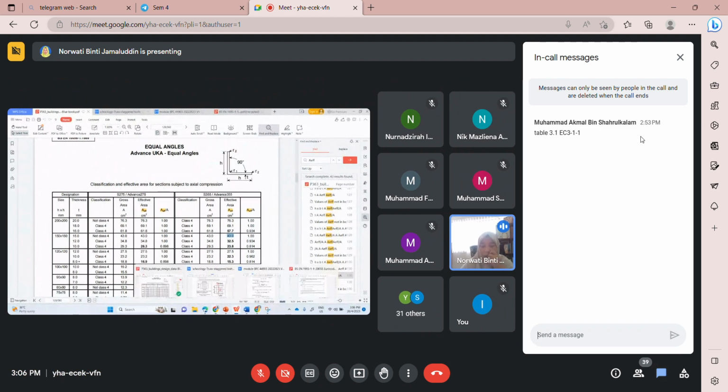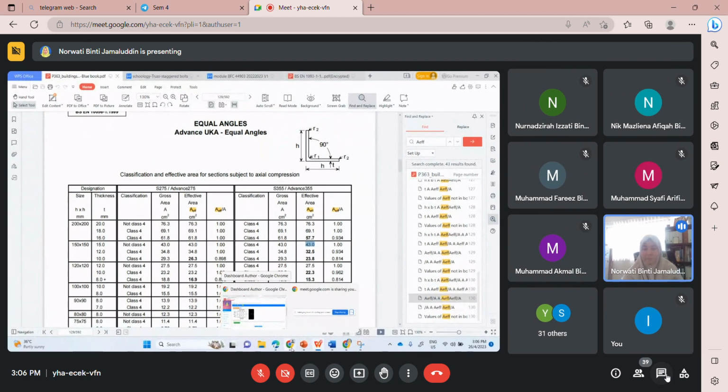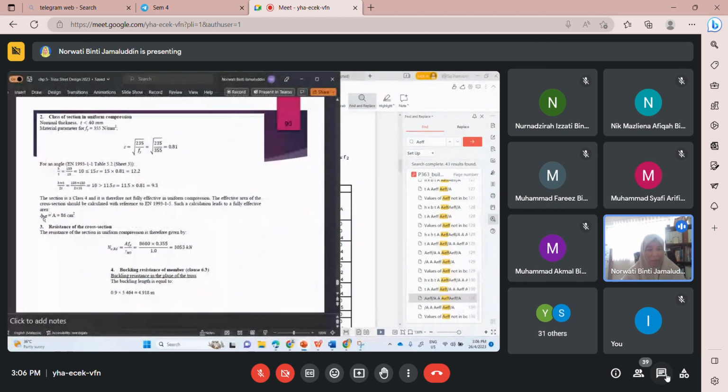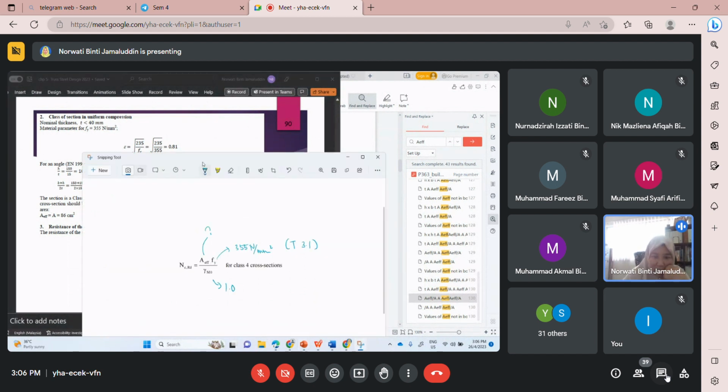It leads to the value of the gross area. So that's why A effective here is equal to 86. Remember, single is 43, right? So double is 86. And then A is 86 centimeter squared.